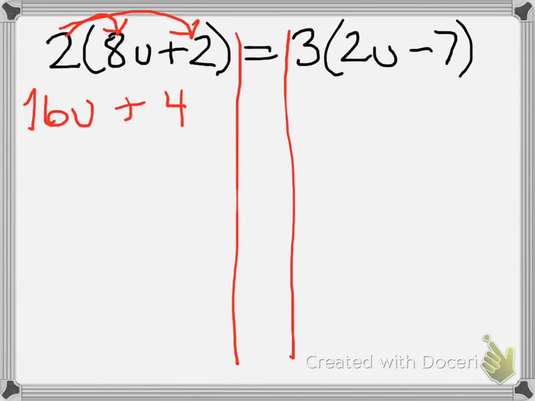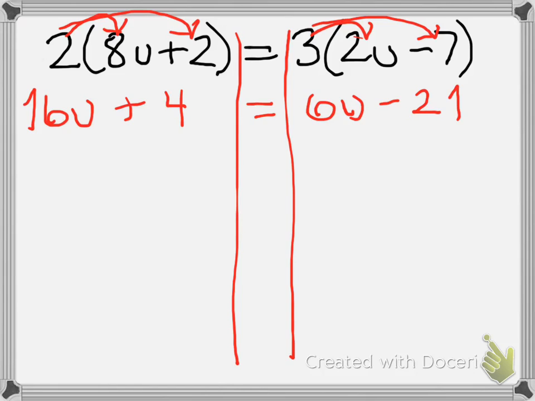So 16u plus 4 equals, then we're going to multiply the 3 times 2u on this side, so that's going to be 6u, and then 3 times a negative 7 is a negative 21. So we got 6u minus 21. Now, all we have to do is think about what we did in the last problem.